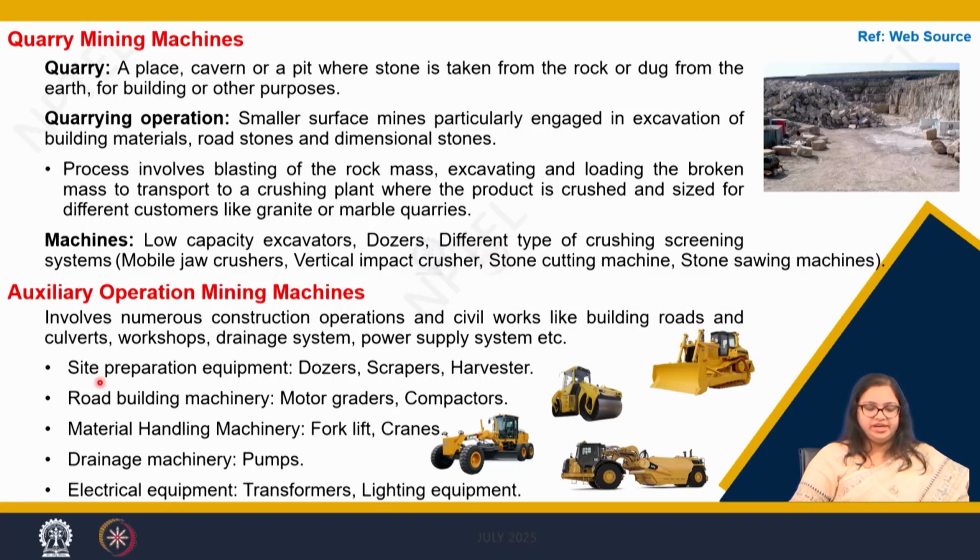We have site preparation equipment like dozers, scrapers, or harvesters. We have road building machineries like motor graders or compactors. So you can see here we have a compactor, which we call a road roller. We have material handling machinery like forklifters, cranes, drainage machineries, that is the pumps, and electrical equipments like transformers and lighting equipments.